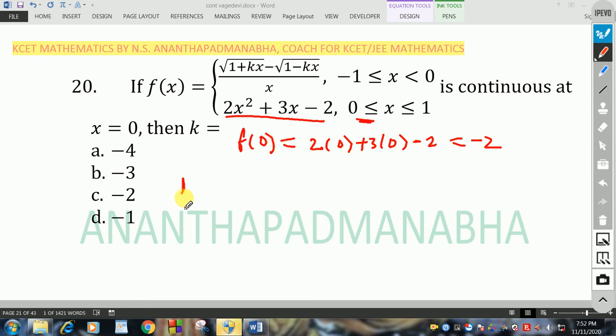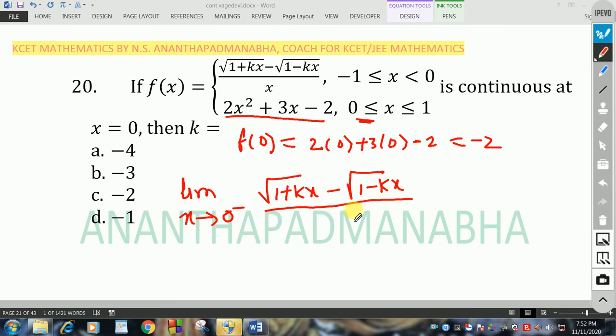Now I will evaluate left hand limit, that is as x approaches 0 minus of this function, root of 1 plus kx minus root of 1 minus kx divided by x, which will be equal to minus 2. To solve this question, I have to rationalize the numerator now.